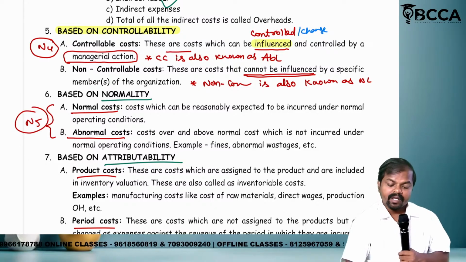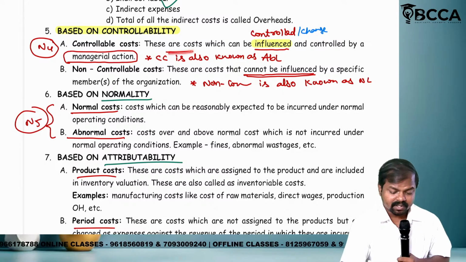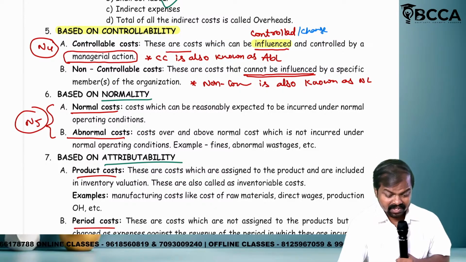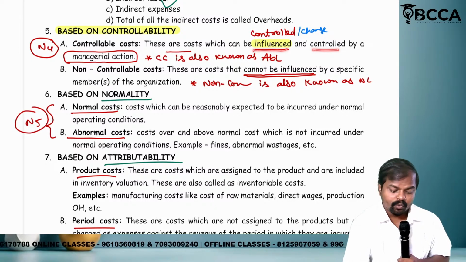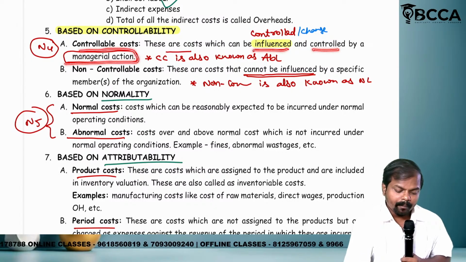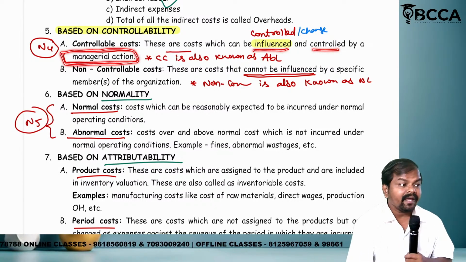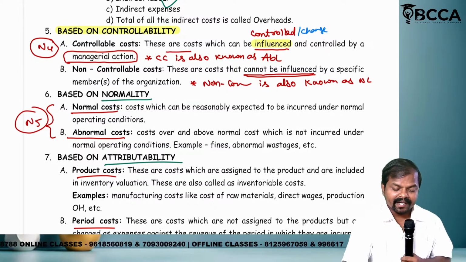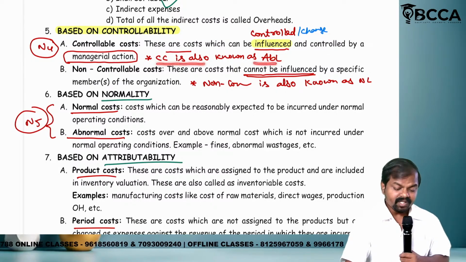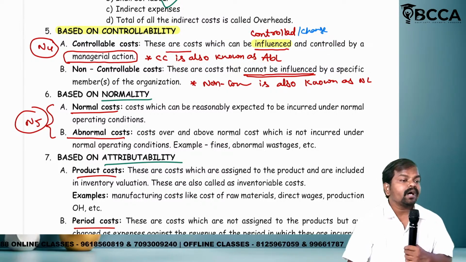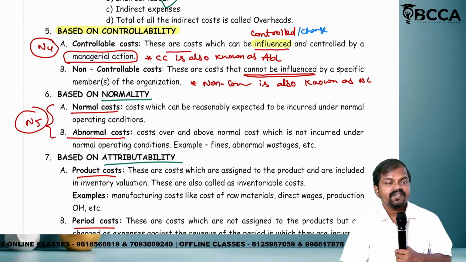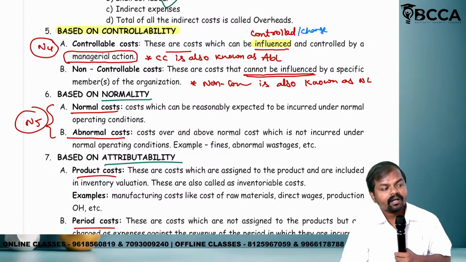These costs can be influenced and controlled by whom? Managerial action. Please write it down. CC is also known as abnormal loss. CC means controllable cost.